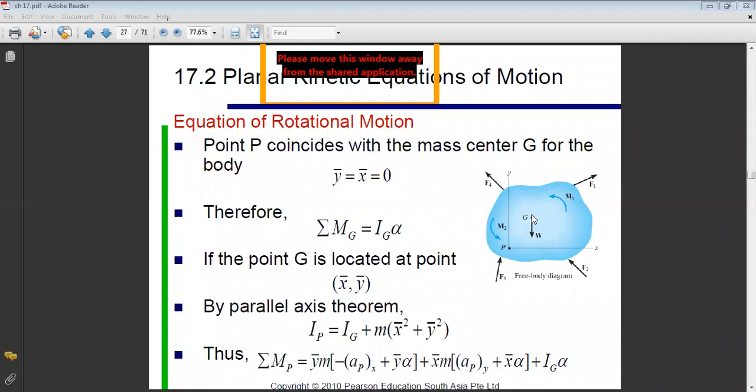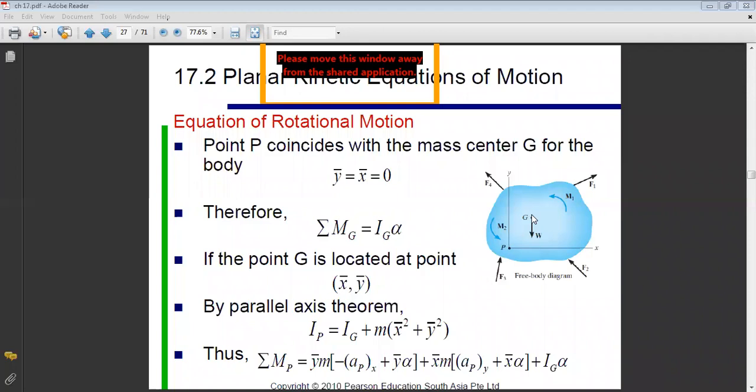In this case, the coordinates of G with respect to this frame will be what? If I put P at G, what will be the coordinates of G in this frame? 0, 0. Therefore, my equation will become sum of moment about G equals Ig alpha. Why? Because x bar and y bar will be 0.